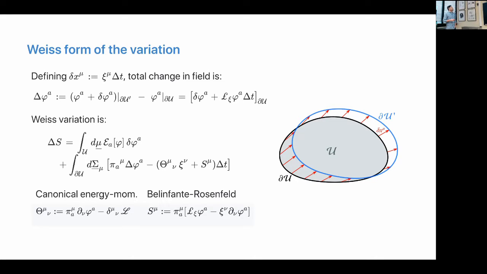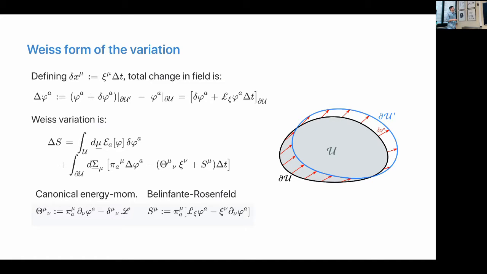And the total change in the field can then be written as the variation of the field evaluated on the undisplaced boundary plus the Lie derivative of the field with respect to this generating vector field, times the change in this parameter t. And with this expression in hand, you can obtain the Weiss variation for a field action, which has this form.